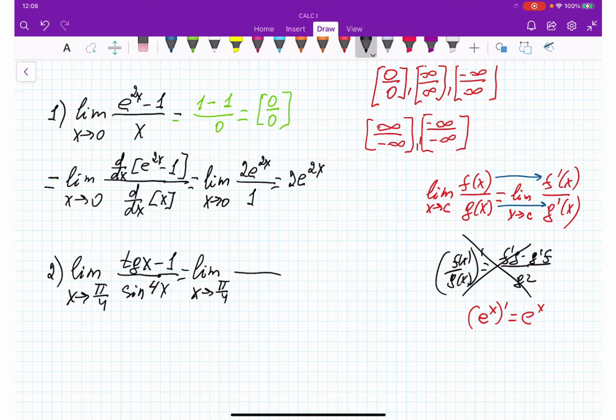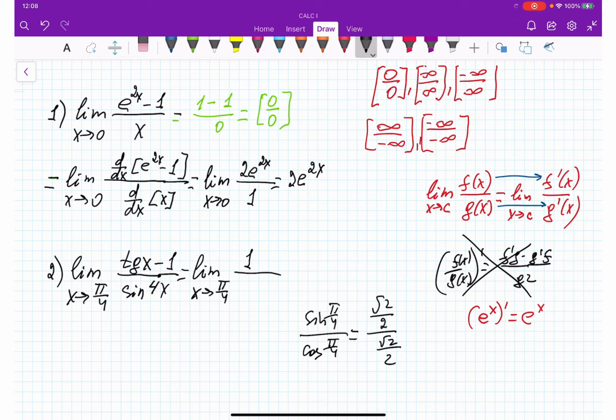Here we get tangent of pi over 4 is 1. You don't have to memorize it. All you have to know is that pi over 4 is 45 degrees. Tangent is sine over cosine, right? And in the case of pi over 4, it's 45 degrees, it's half and half, right? So cosine and sine are equal, square root 2 over square root 2.